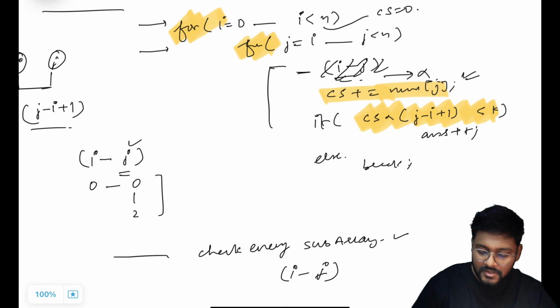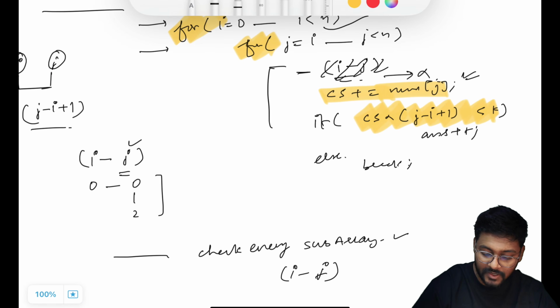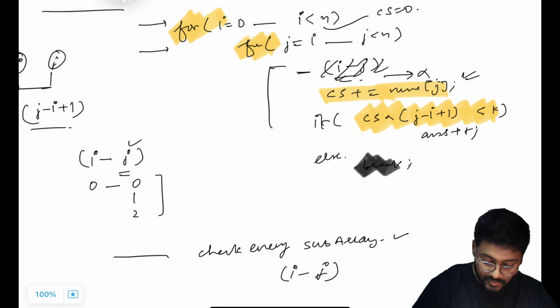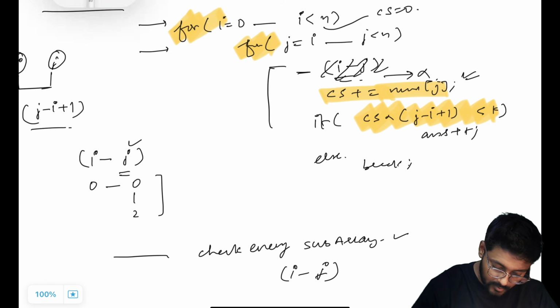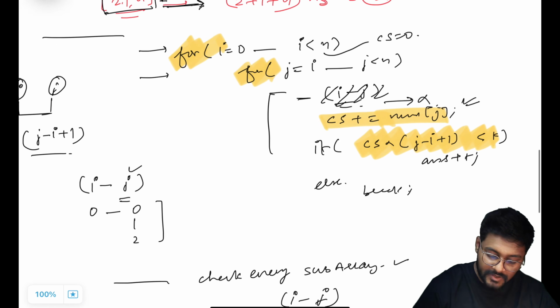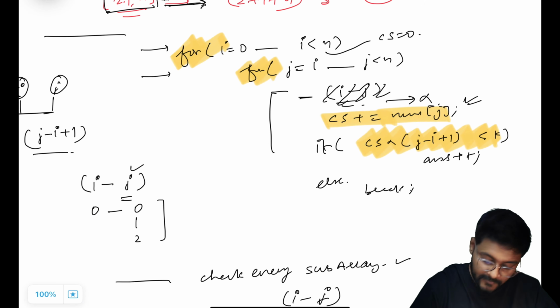If this condition is true, I'm incrementing the answer. Otherwise I'm not going further, I'm just breaking it. This is the breaking condition. Now I hope this brute force will be clear to you. We are doing a brute force way to check every single subarray.